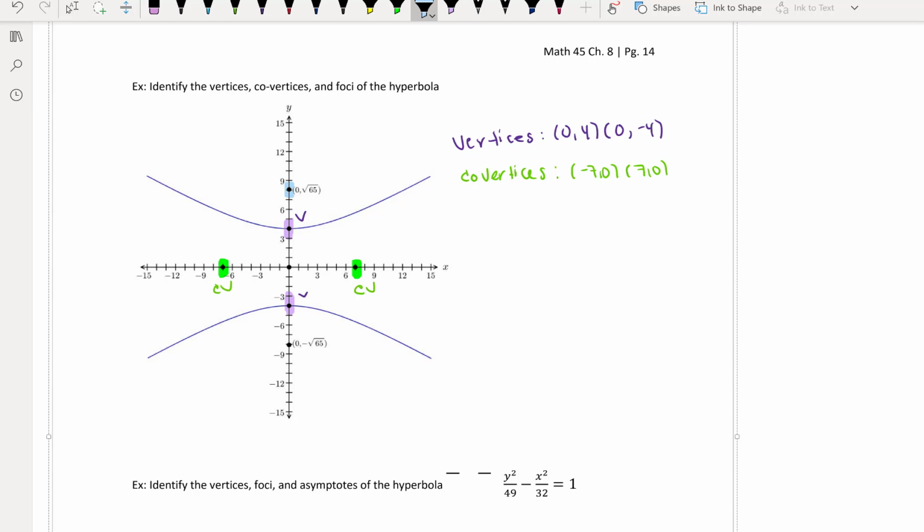The foci are over here. It's (0, square root of 65) and (0, negative square root of 65). So we're just getting used to our language here, okay? We have the vertices, the co-vertices, and the foci. That's all it wants you to do right now, just making sure that we understand the visual with our names, so how to label these points.